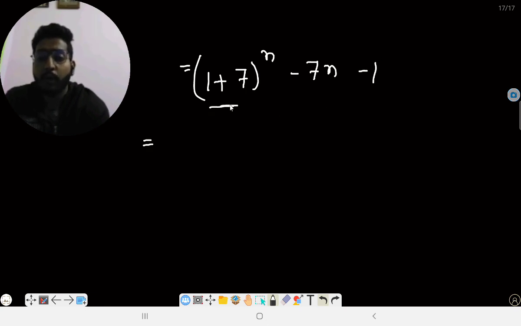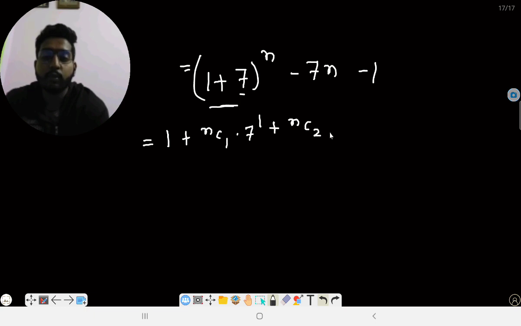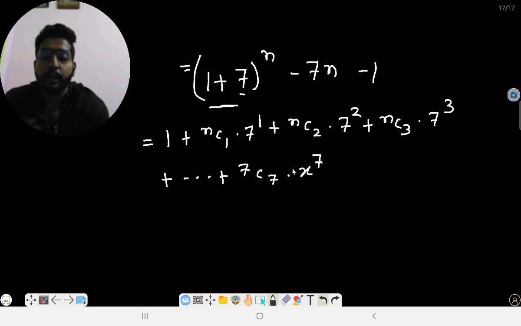Now this is the 1 plus x whole to the power n formula. So what is the formula? 1 plus nC1 x to the power 1, next nC2 x to the power 2 plus nC3 x to the power 3, and so on, up to nCn x to the power n.